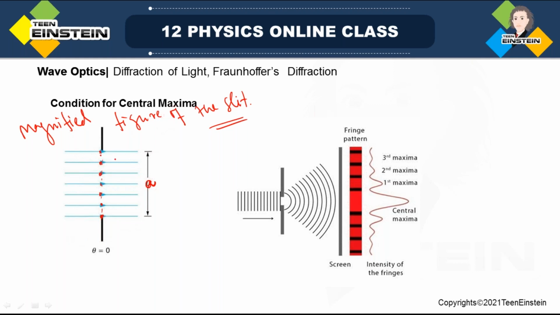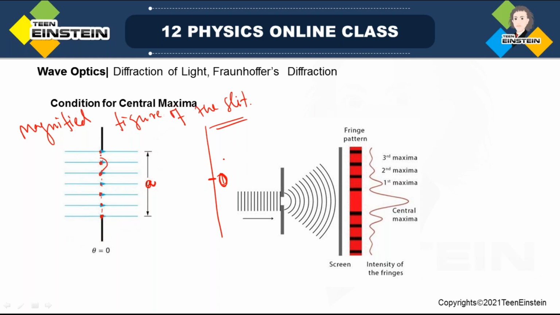And look what happens. The light, or wavefronts, which are emanating from each point, when they meet at the central point on the screen, suppose this is O, all of them actually have the same path difference.